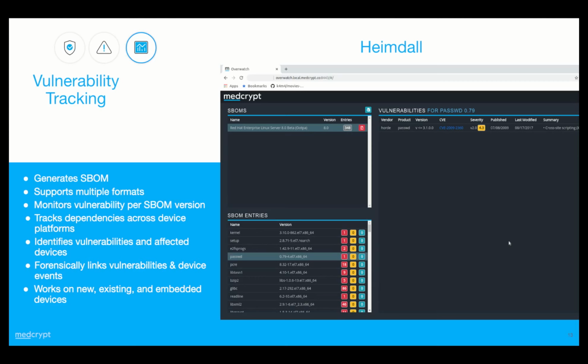And the beauty of this, as we look at these products together, is Heimdall can forensically link the vulnerabilities to device events. And what does that mean? That means by reviewing device behavior data that comes off of our behavior monitoring tool, or Canary, an MDM can see if a vulnerability has already been exploited on one of their devices or multiple devices.